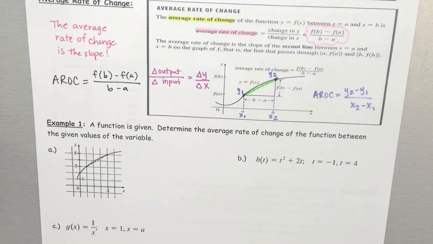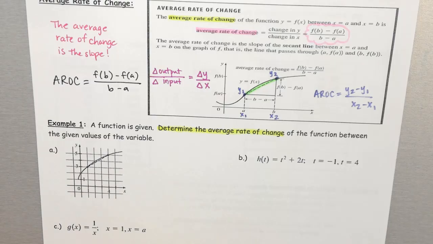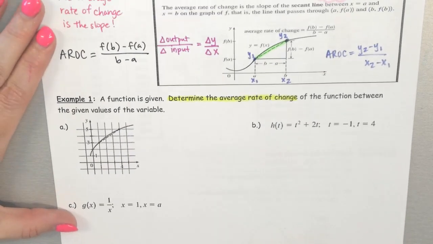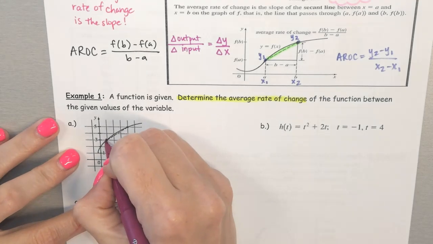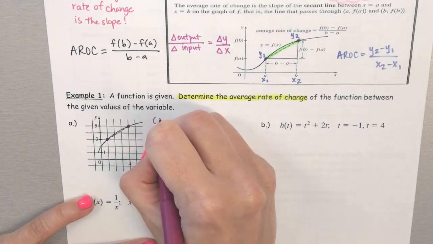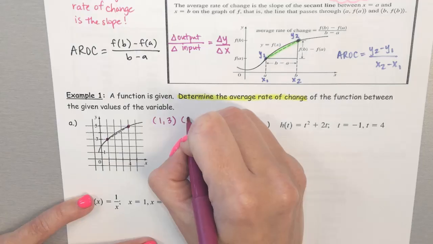And so, for example 1, we are going to determine an average rate of change of the function between given values. Now, sometimes those values are on a graph, like in part A. There's a few different ways you can find this. You could go ahead and label these 2 points. So this point is (1, 3), and this point here is (4, 5).